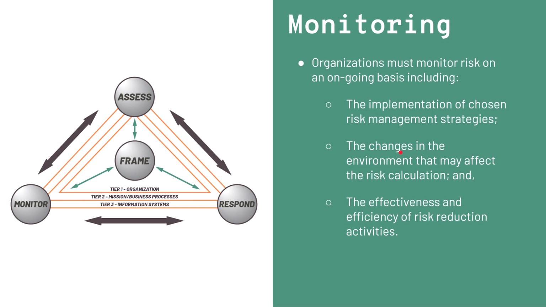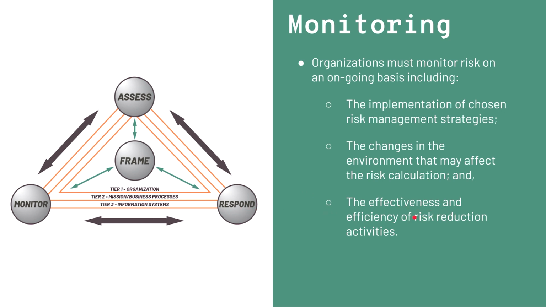You have to monitor whether there are severe changes in the environment, so that you have to redo your math, redo your calculation because, for example, there's a new vulnerability that was discovered in a product that you're using in your organization. So this is changing your risk because now the vulnerability can have a severe impact in the organization. So you need to redo the assessment and redo the response part of risk management.